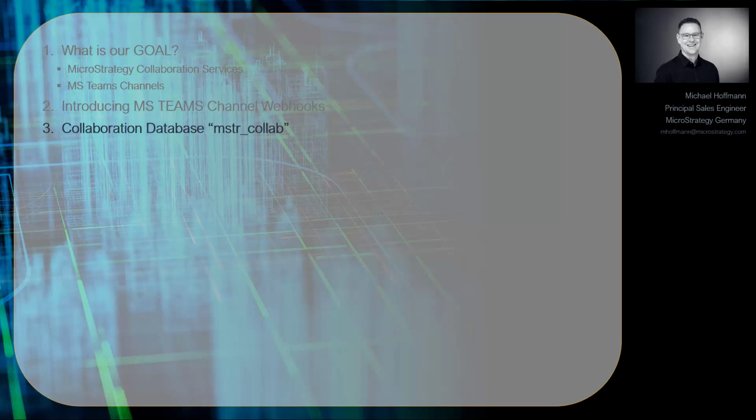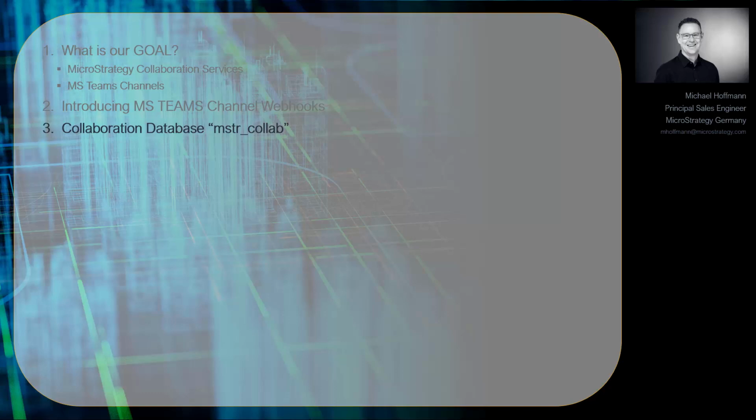The next thing we need to understand is where the data comes from in MicroStrategy. MicroStrategy has collaboration services, and the data from collaboration services, let's say the objects that you're commenting on, the comment itself, the users, and so on, is persistent in a database.